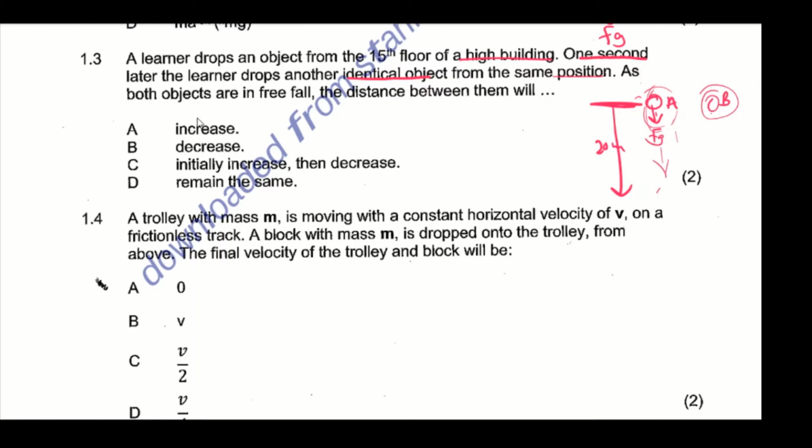So the distance between them is going to increase. Obviously, maybe you consider air resistance, which will try to prevent it from going down, trying to keep it up. So the distance between ball A and ball B will definitely increase, right? So we're just going to take option A, which says increase.